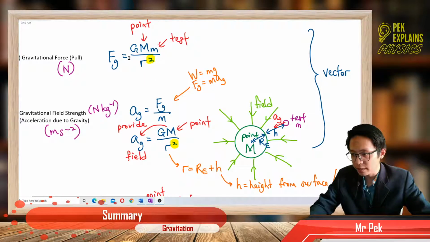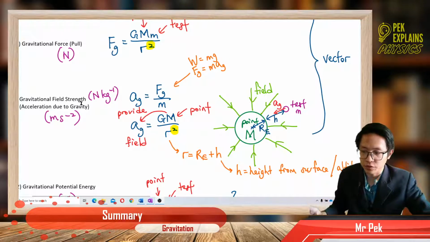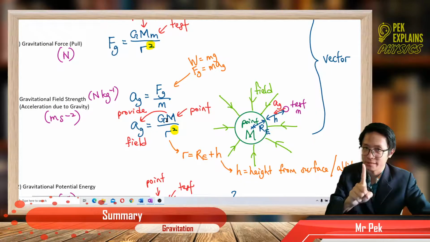When we divide the formula GMm over r square by the test mass, the test mass is gone, leaving only the point mass. So Ag, gravitational field strength, is equal to GM over r square. Gravitational field strength, or acceleration due to gravity, only has one mass, which is the point mass. Why the point mass?